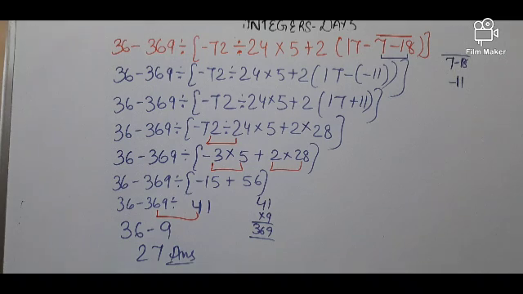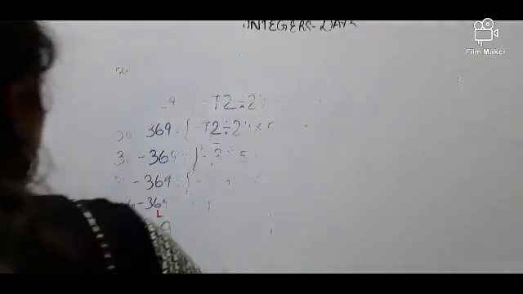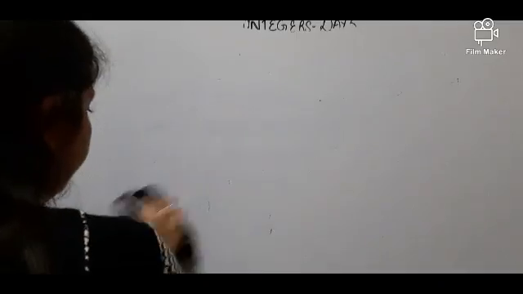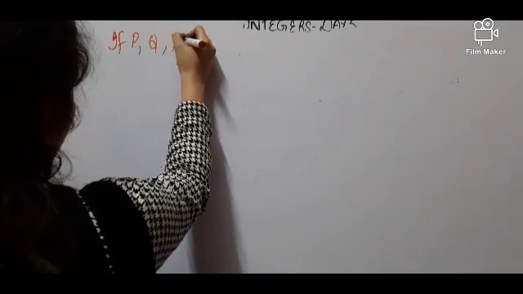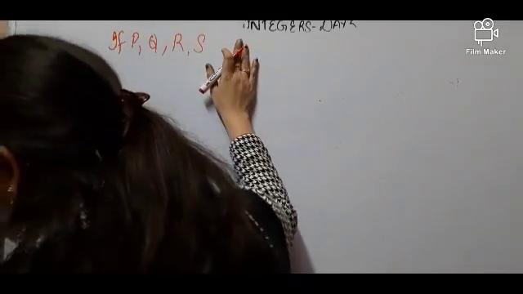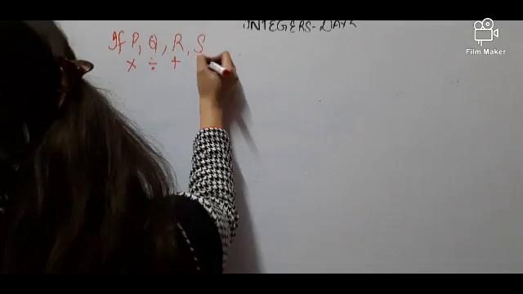In the next question, it is the same as evaluation, but it is given in the form of a word problem. So let's see the question. The question is given: if P, Q, R, S respectively are multiply, divide, addition and subtraction.